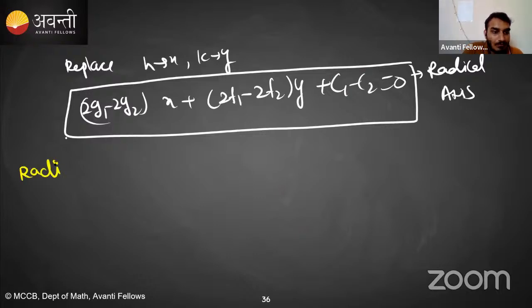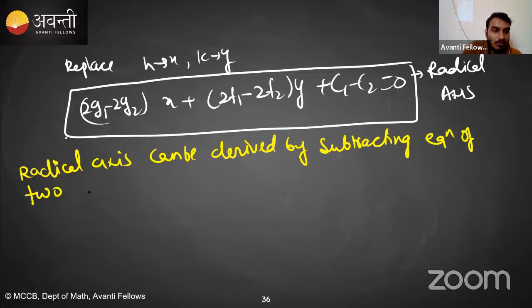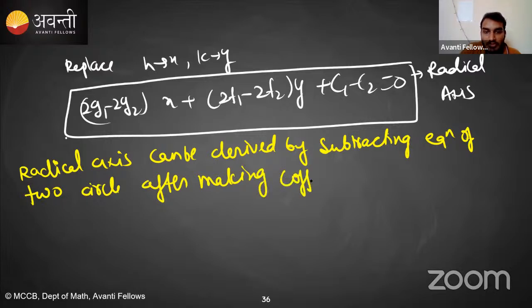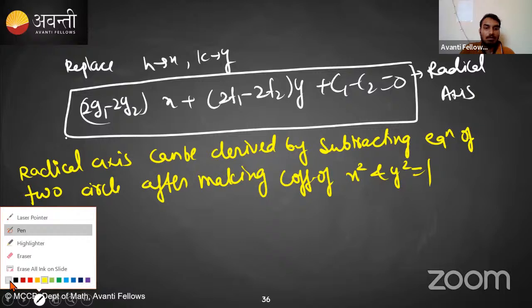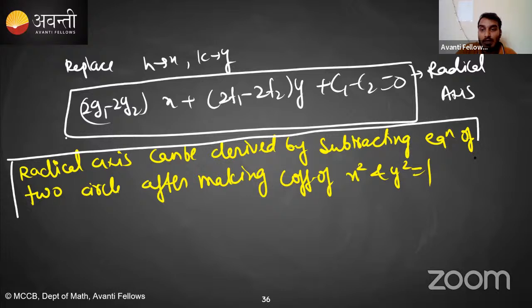What you have to remember is that the radical axis can be derived by subtracting the equations of the two circles only after making the coefficient of x square and y square 1.